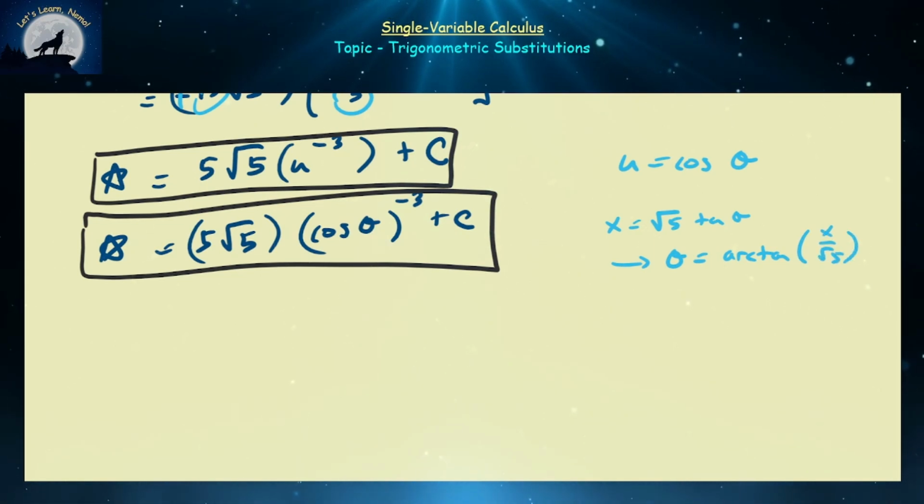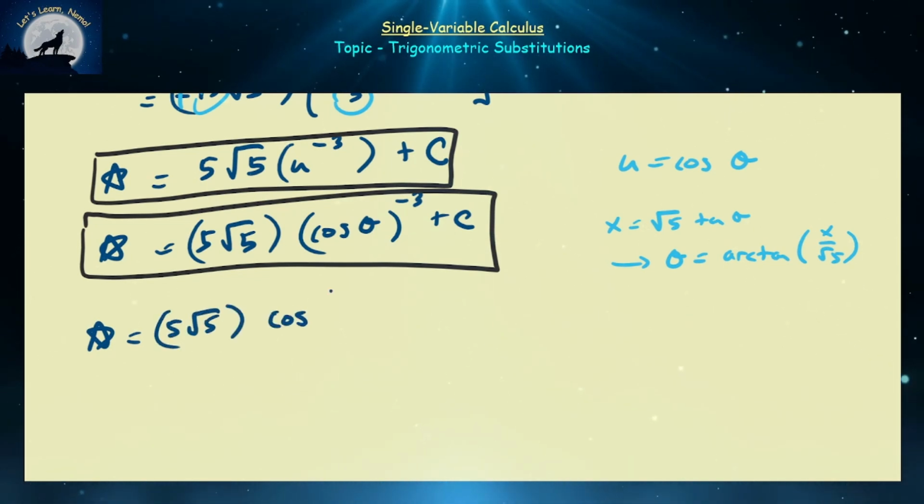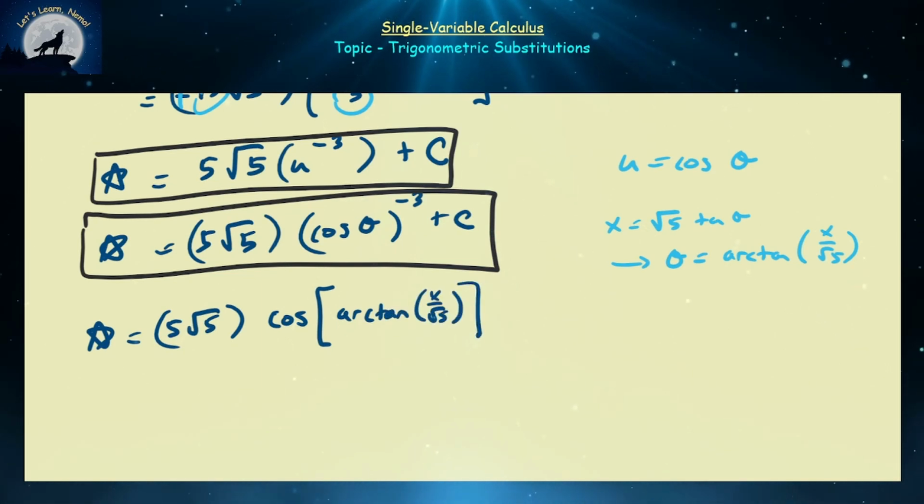So substitute that in, and then our integral will be equal to 5 square root of 5 times the cosine of the arctangent. Let's throw this in brackets. So the cosine of the arctangent of x divided by the square root of 5 to the power of minus 3. And keep in mind that minus 3 is applied to the cosine, not the interior, plus c.